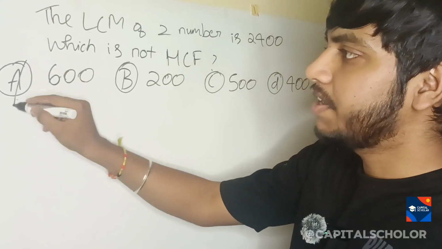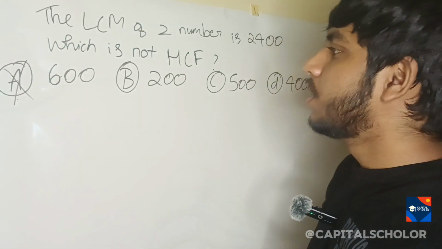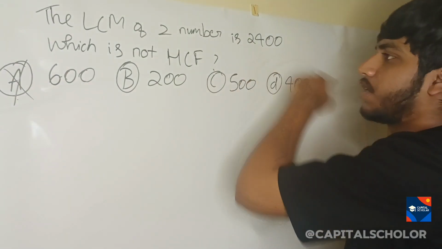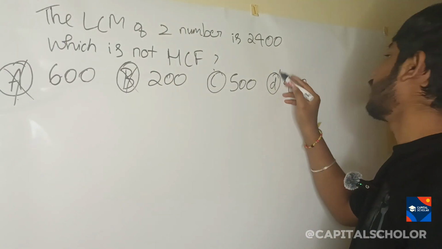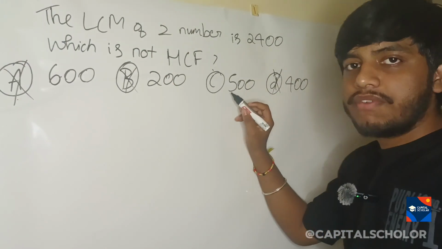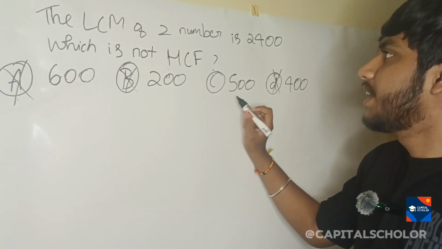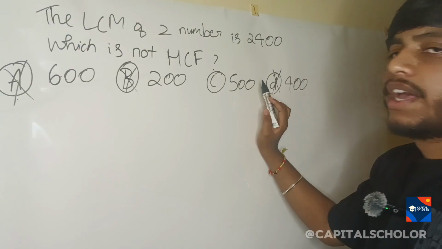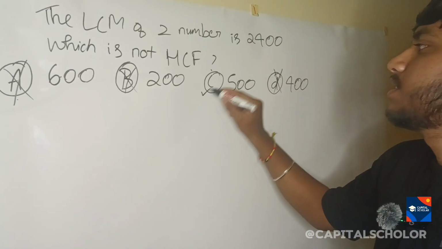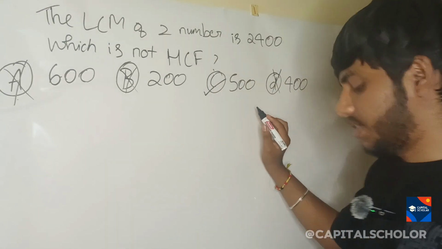Yes, of course 6 divides. 6 4s are 24, so it also divides 2400. 2 also divides, and 400 also divides. So the only option left is C. 500 cannot divide 2400, so I am taking option C. So the correct option is option C.